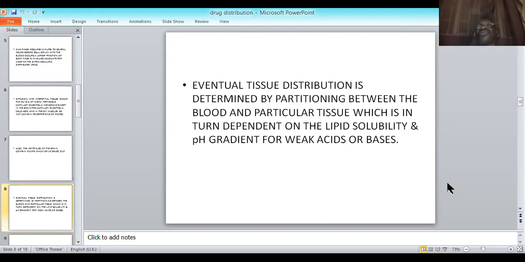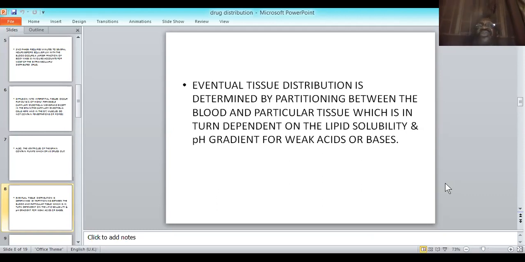Then some parts of the body contain more lipids, and so lipophilic drugs tend to partition into those parts of the body. Then the bone, for example, is another organ where some drugs tend to partition.